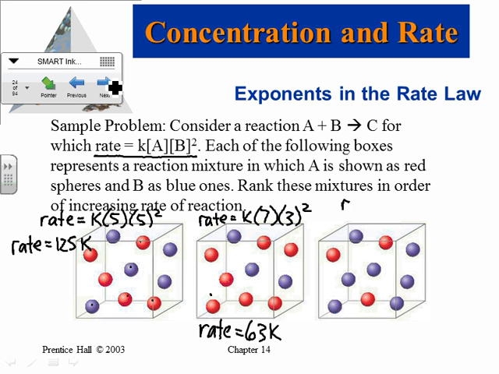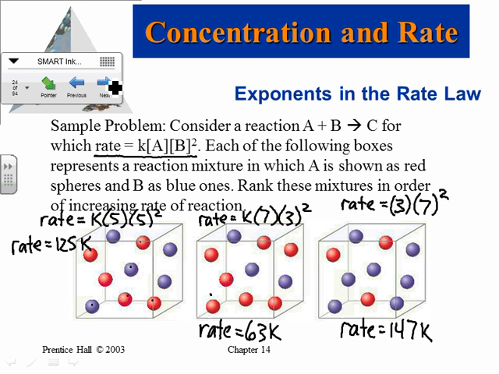And then this last one here, the rate equals 3 A's and 1, 2, 3, 4, 5, 6, 7 B's. If I'm counting these right, they should add up to 10. So 7 squared is 49, and then 49 times 3 is 147. So this rate is going to equal 147k.